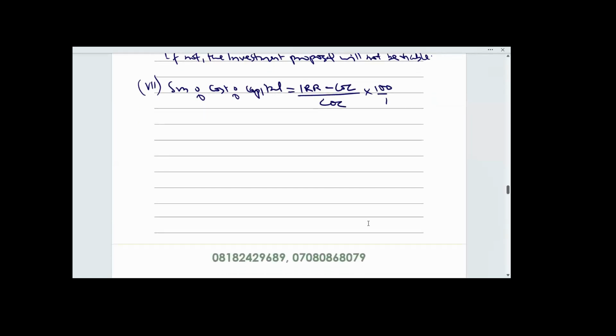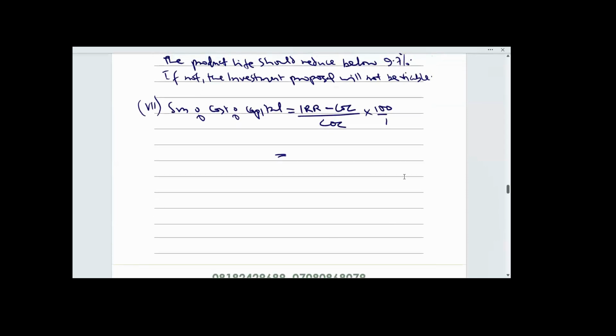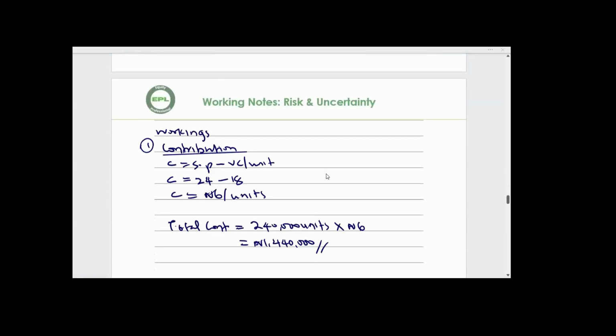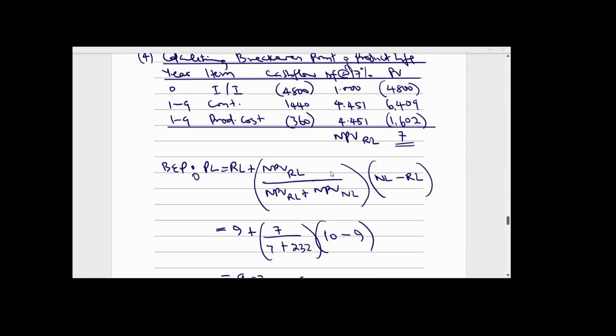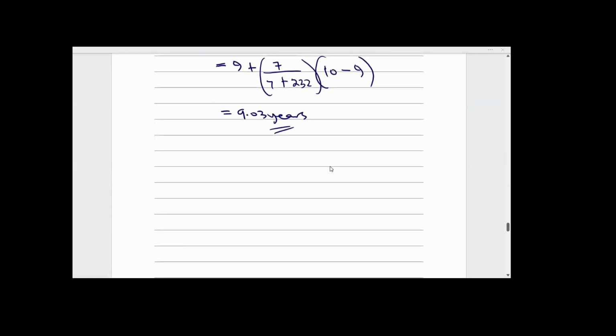From this formula, you can see that we have internal rate of return. Therefore, we need to calculate internal rate of return first before we can complete this. So let's go and do the working for internal rate of return.